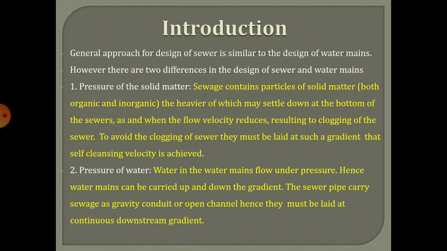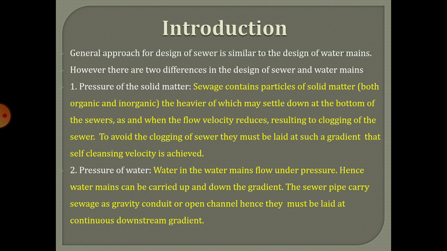What does it mean? Sewer contains particles of solid matter, both organic and inorganic, the heavier of which may settle down at the bottom of the sewer as and when the flow velocity reduces, resulting in the clogging of the sewer. To avoid the clogging, they must be laid at such a gradient that self-cleansing velocity is achieved.